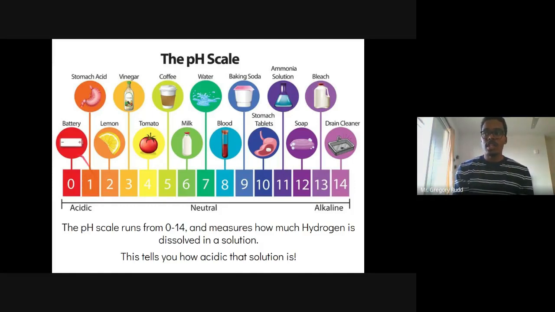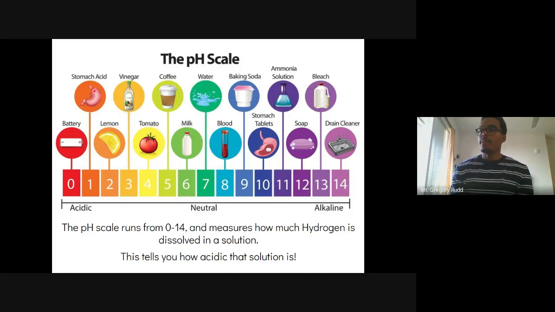If it's orange, that's something that is acidic, but not quite as acidic. If it's green, that tells you that it's more neutral. Something that's a dark purple is really, really alkaline or very basic. All right, so that pH paper or indicator paper tells you how acidic something is, and the colors literally look like this.